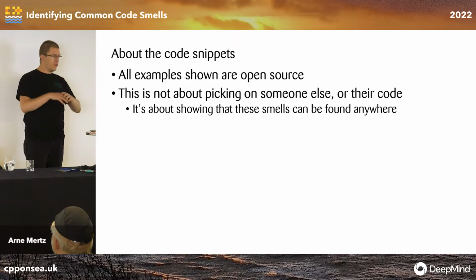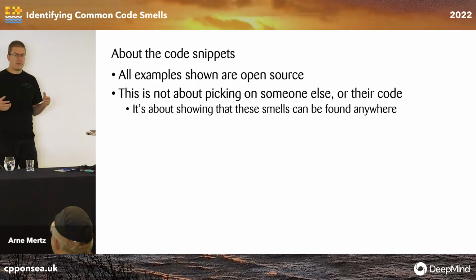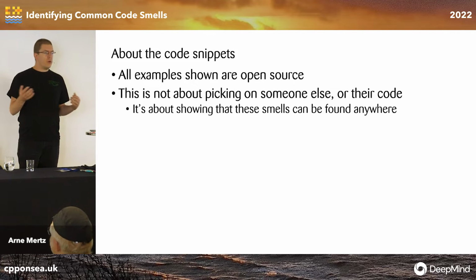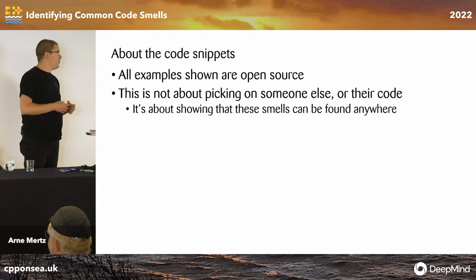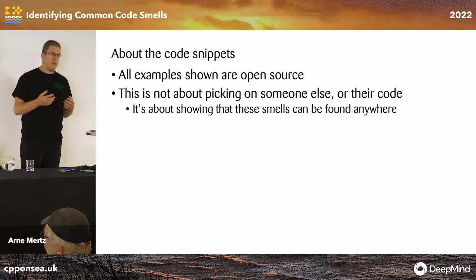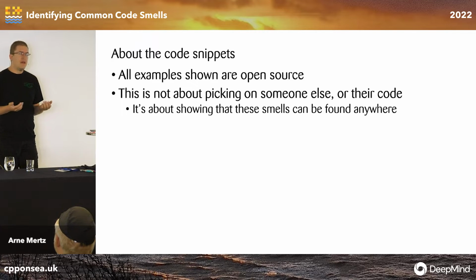That does not mean that those code bases are really bad code bases, right? This is something that very often happens while we are developing code. We are growing our code bases, and many of the things we will see just happen over time due to several reasons, because we lack the time to actually maintain and keep it really clean. So this is something that happens in any code base.